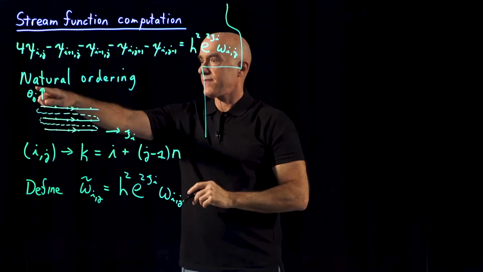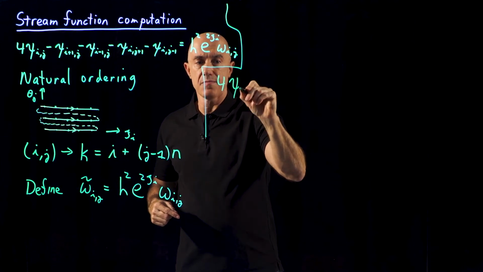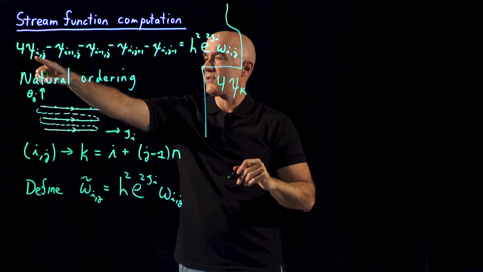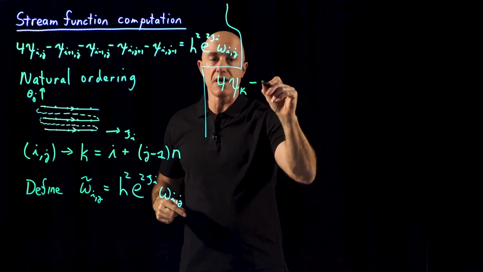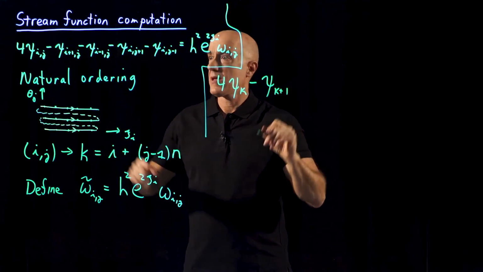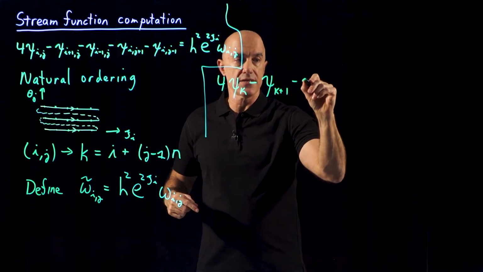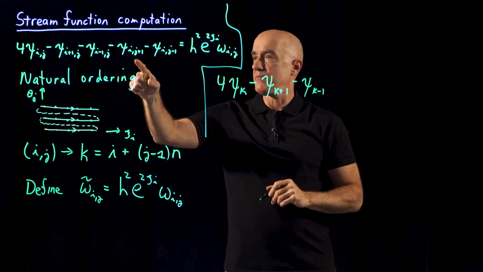What do we have? Well, we have 4 psi sub k for this first term. This increments i by 1, so that becomes minus psi k plus 1. This term becomes minus psi k minus 1. But now we jump j by 1.